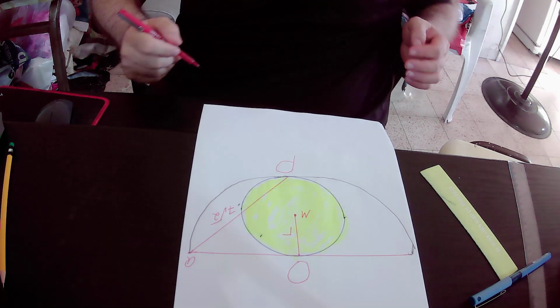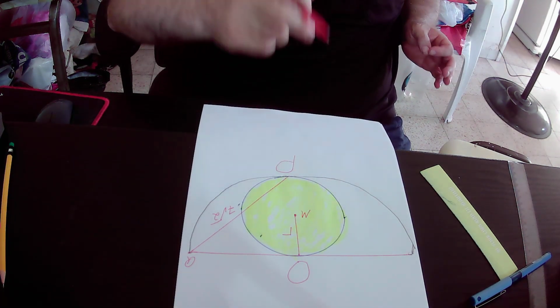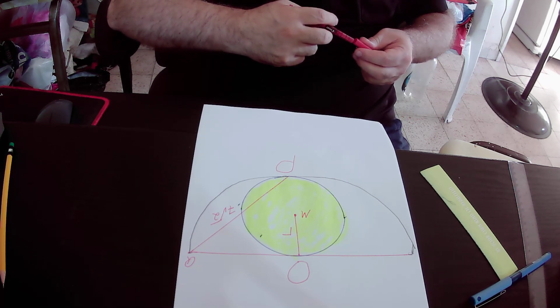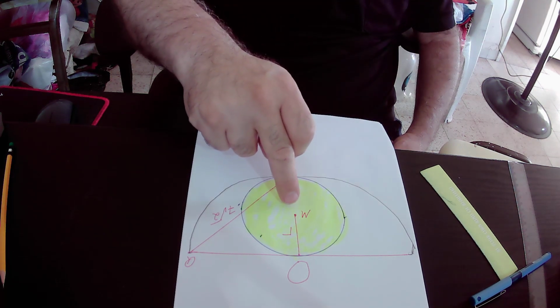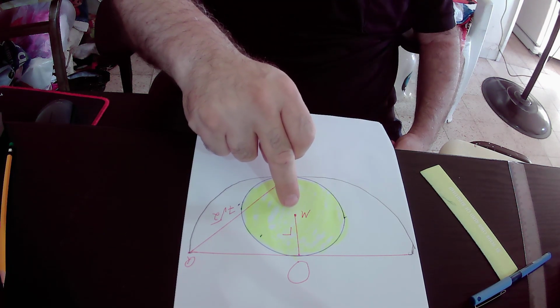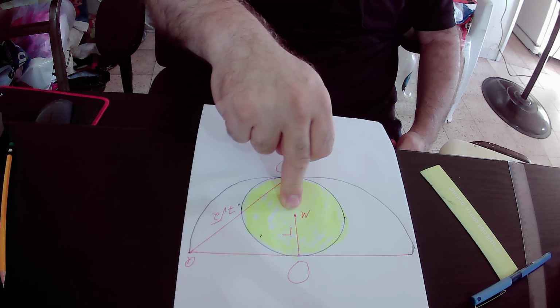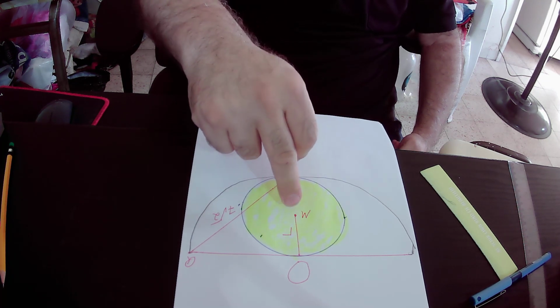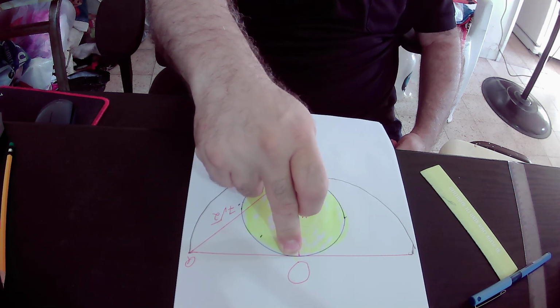The reason that the line segment MO is the radius is because it starts from the center of the yellow circle, that is to say from point M, and ends at point O, a point on the yellow circle itself.